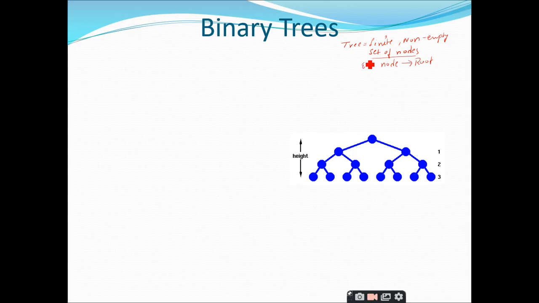So you should define the root node while you give the definition of the tree. It is very important. Right? Without root node, no trees will be there. Right? So this is how we have defined the tree. For example, I draw a tree like this.